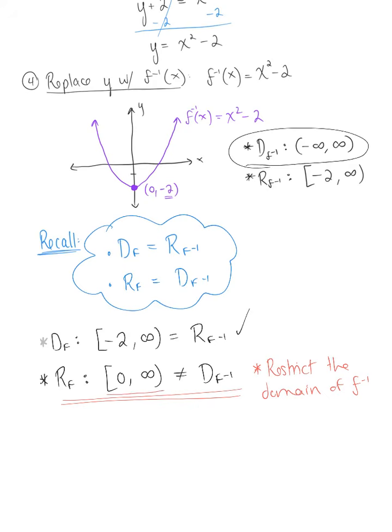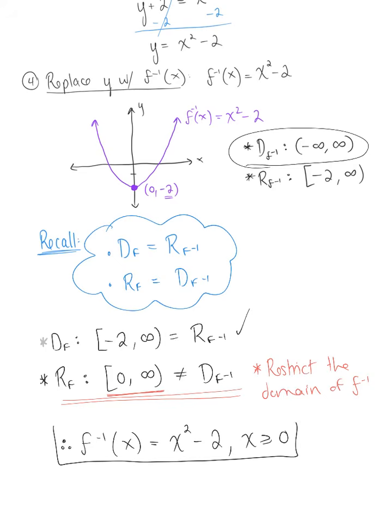So we want to restrict it by making sure that x is greater than or equal to 0. So therefore, the final answer for our inverse function here is x squared minus 2, such that x is greater than or equal to 0.